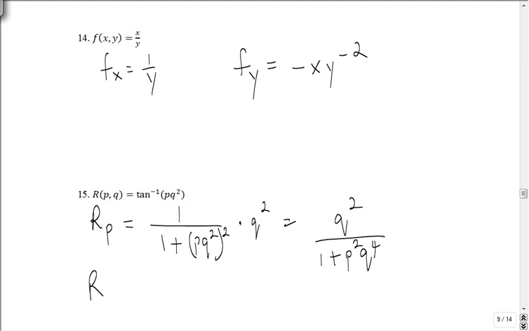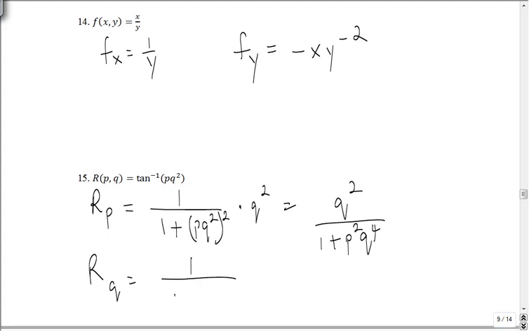Somebody else give me r with respect to q, please. Times, tell me again? 2pq, very good. So that's 2pq over 1 plus p squared q to the 4th. Any questions? Don't do that, because there's a plus in between. You cannot just cancel this. Okay. Any questions?